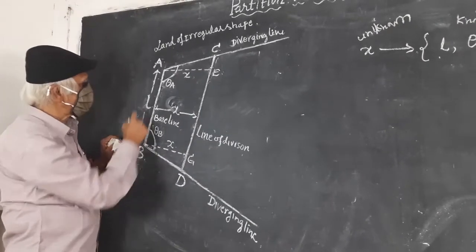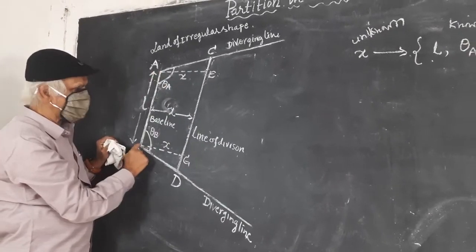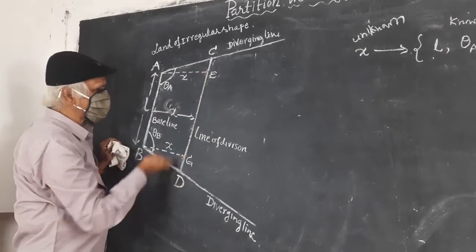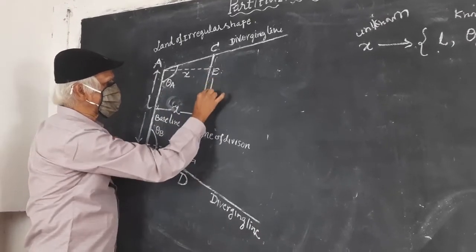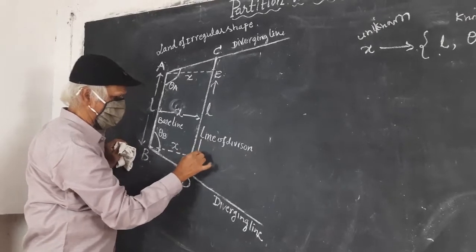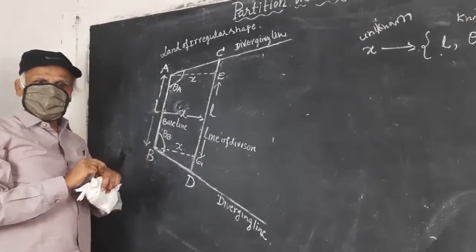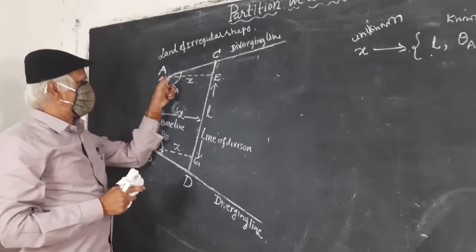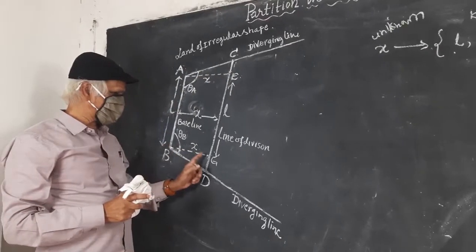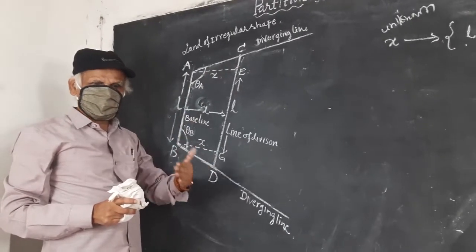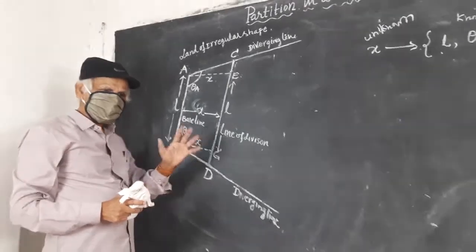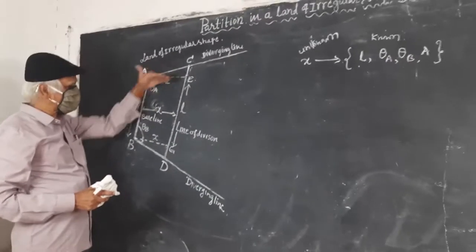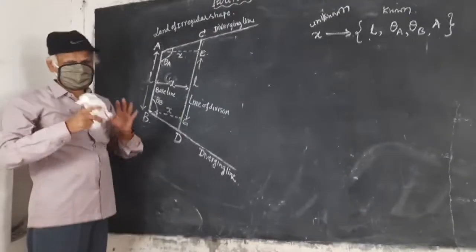Again, AB is L, EG is also equal to L. This is because AE and BG are not only perpendiculars, but they themselves are parallel to one another.